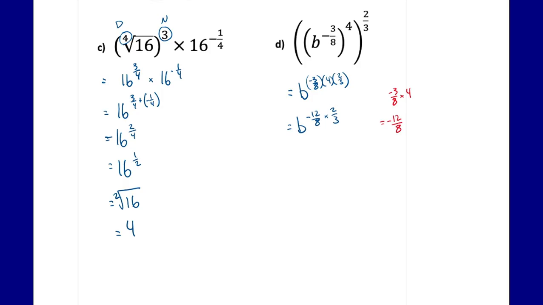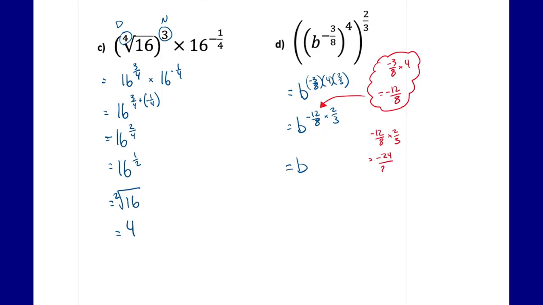I now still have to multiply these two powers together. So this became this value. And now the next one I'm going to do, just off to the side, negative 12 over 8 times 2 over 3, multiply straight across, we get negative 24 over 24.